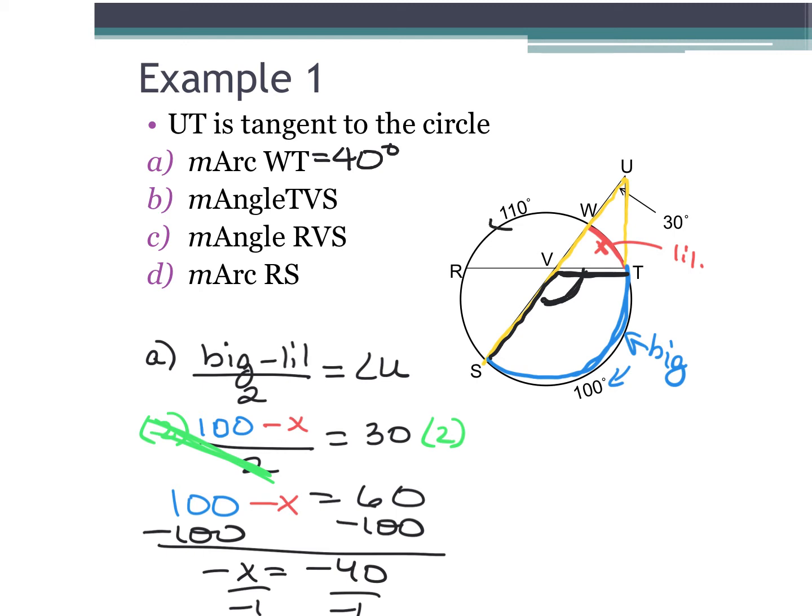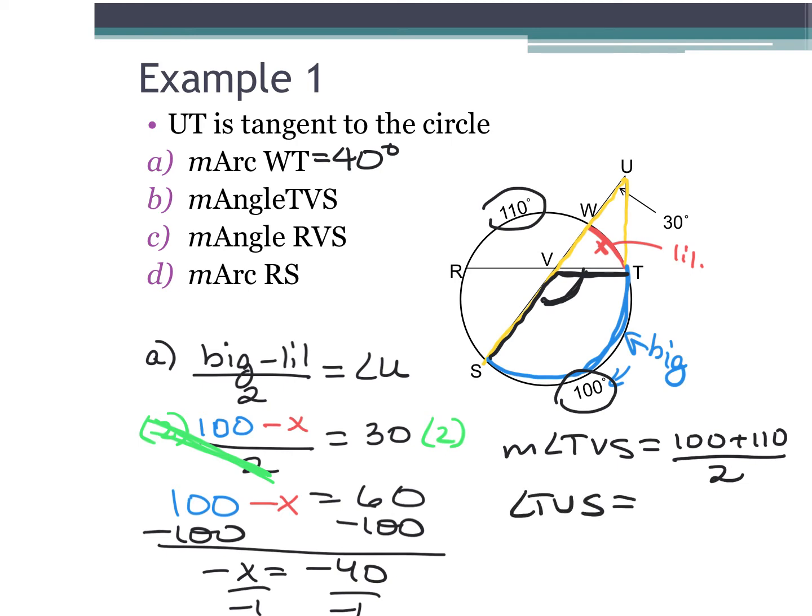So I'm going to add 110 plus 100 and divide by 2, and that will give me the measure of angle TVS. So 100 plus 110 divided by 2. So TVS is equal to 210 divided by 2, which is 105. So this is 105. And that one I used the floating angles.